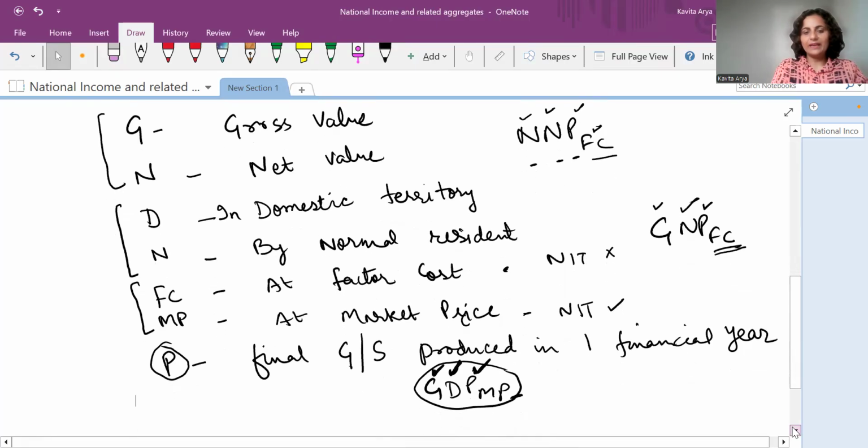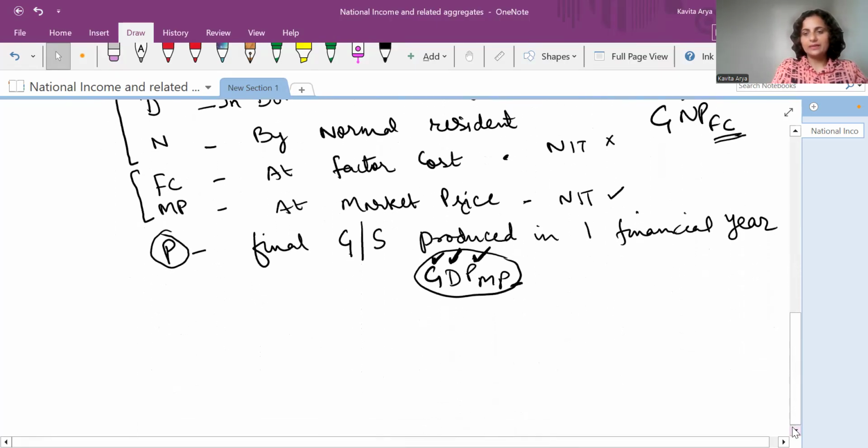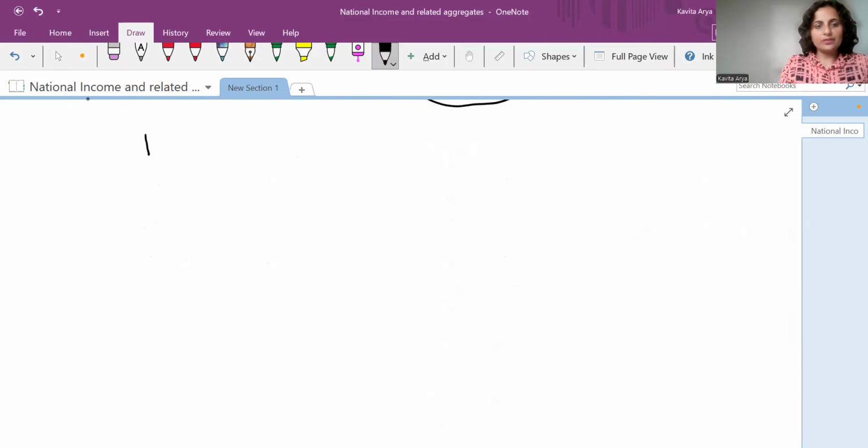So, moving ahead, after defining these 8 income aggregates, how do we convert these income aggregates? Again, we come back to our previous knowledge of 3 vital equations. What are they?